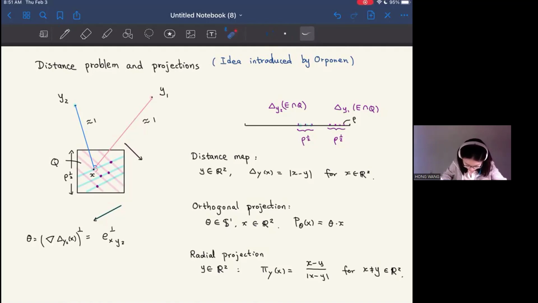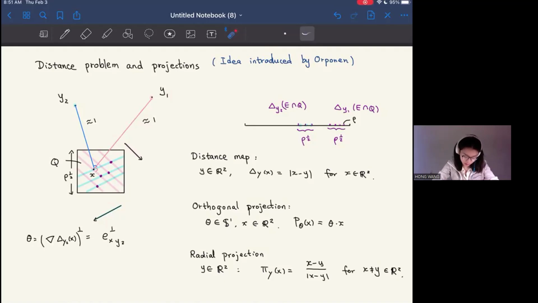Then, for example, we want to calculate the number of distinct distances up to scale rho from y1 to E intersect Q. So let's say those points are E intersect Q.